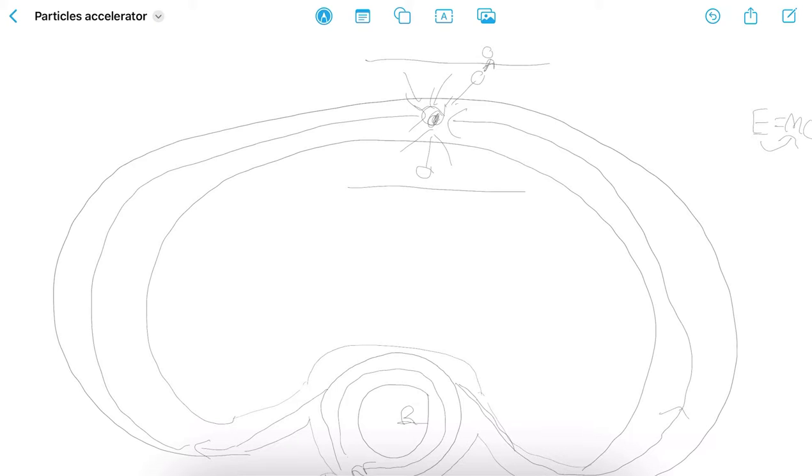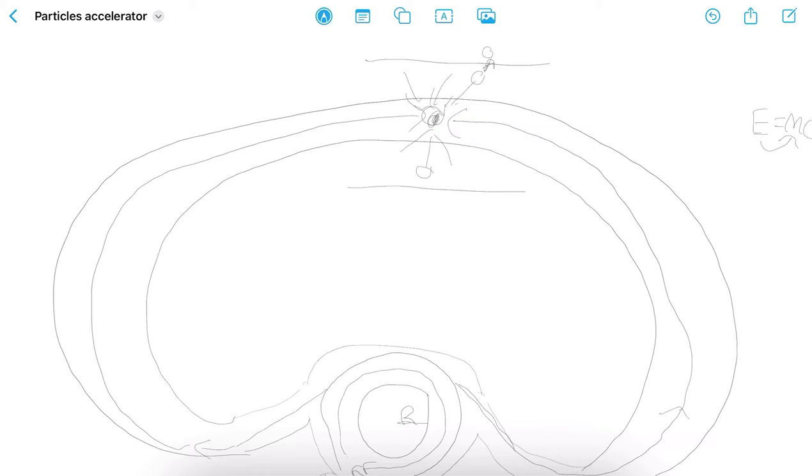So if we have normal matter and antimatter, and the properties of them are symmetric, we may assume that there are equal amounts of them.